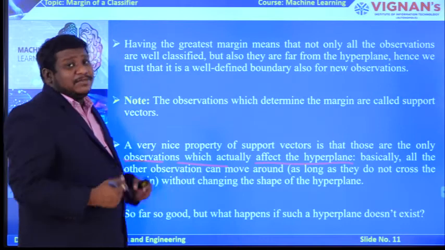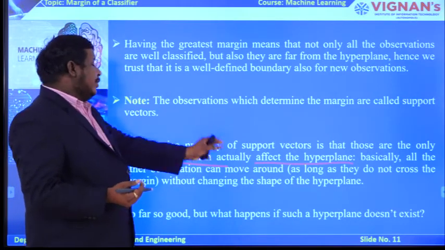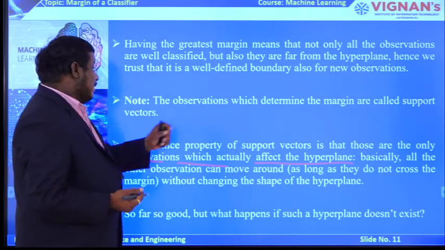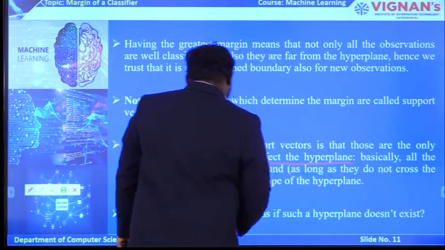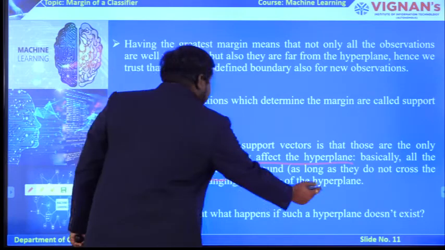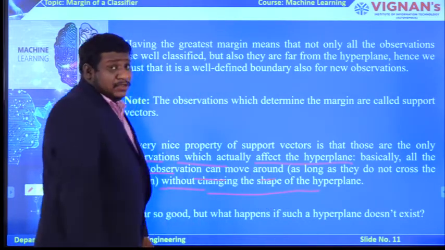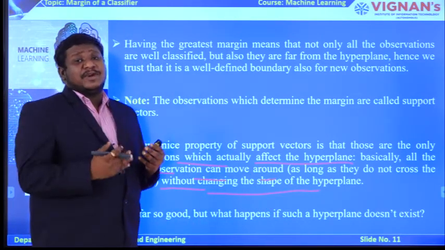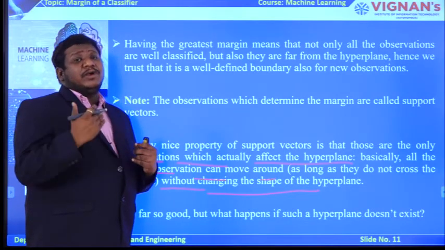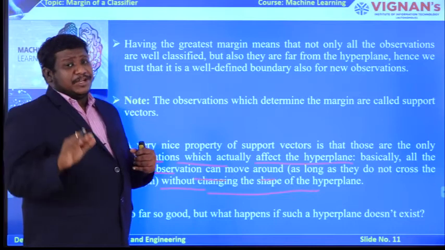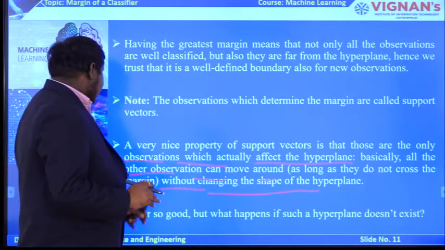So the values of the support vectors are going to influence the hyperplane. Basically, all the other observations can move around without changing the shape of the hyperplane. So as long as you are considering the support vectors from different locations, they can be calculated, but the other observations are not going to change the size or shape of the hyperplane.